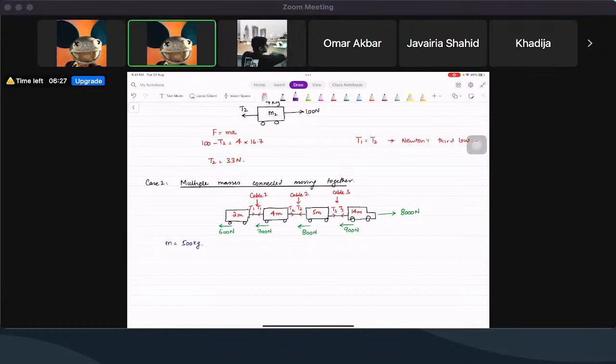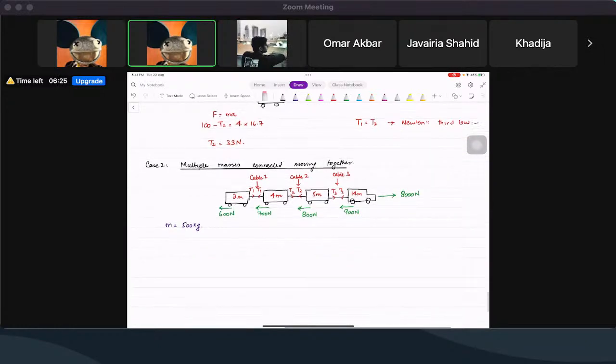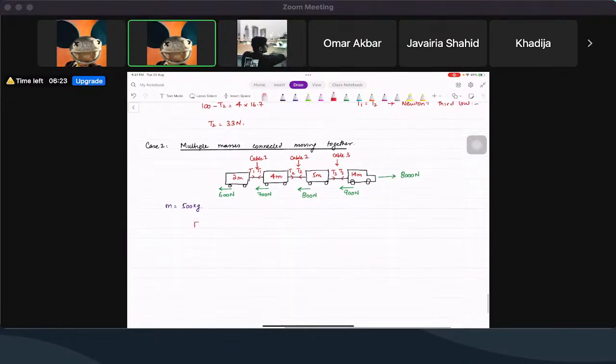Find the acceleration. Okay, so to find the acceleration, I would use F equals to ma. Now, on the right hand side, we have 8,000. So I'm going to write 8,000 minus 900 minus 800 minus 700 minus 600.